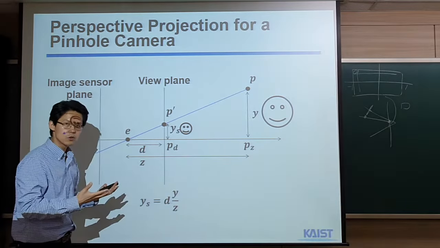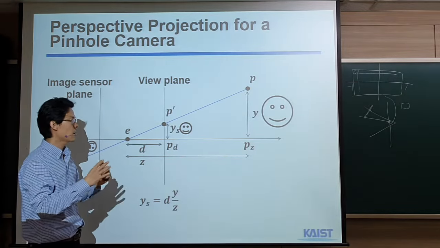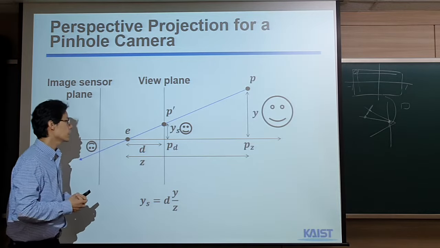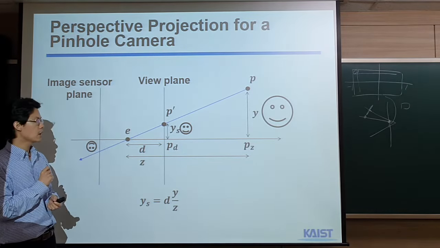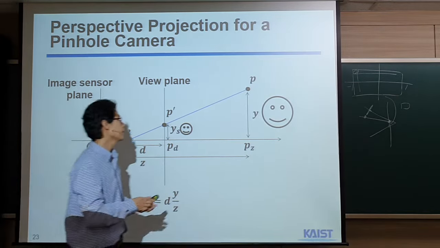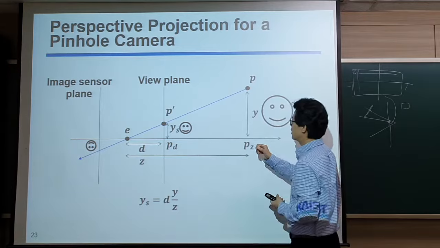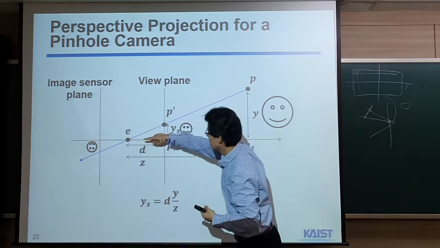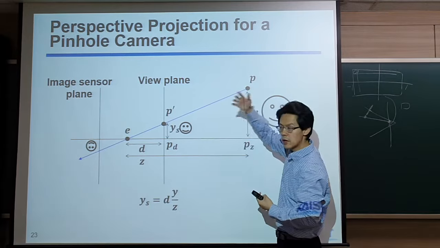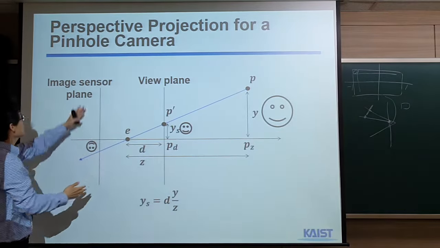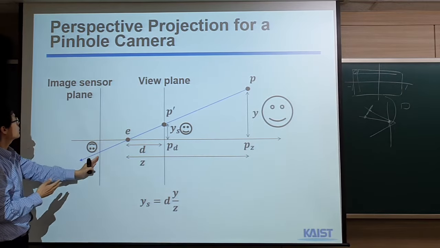We also need to assume what camera structure we are using. Here we assume it's a pinhole camera. So there's a pinhole, and this point can be seen through this pinhole. If you consider this camera, there's a pinhole, and you can see this imaginary sensor frame.